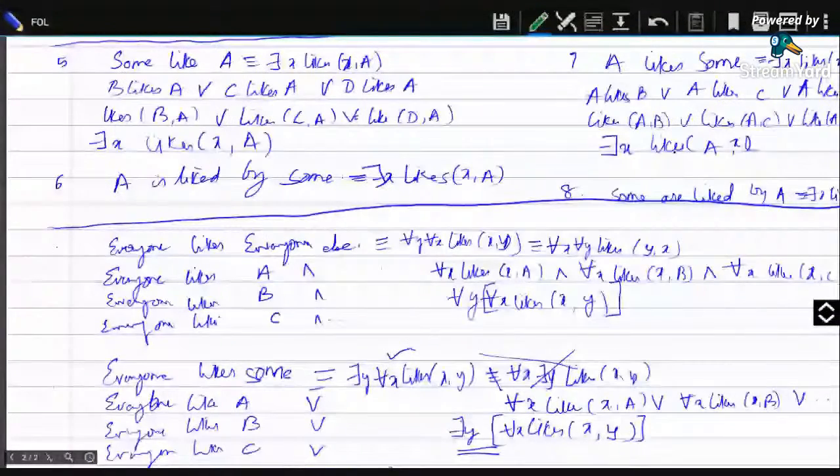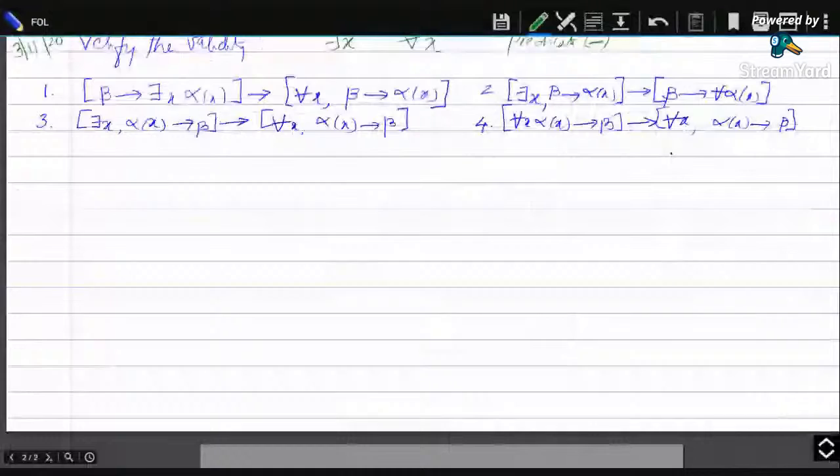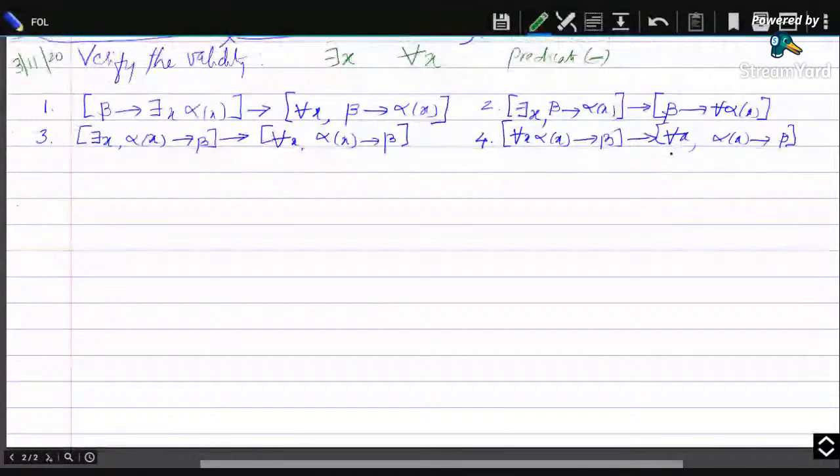So let us look at where this can be used. The most common application is to verify whether a given first order expression is valid or invalid. Here we are given four situations, 1, 2, 3 and 4, and it is asked to verify whether these are valid expressions or invalid expressions.